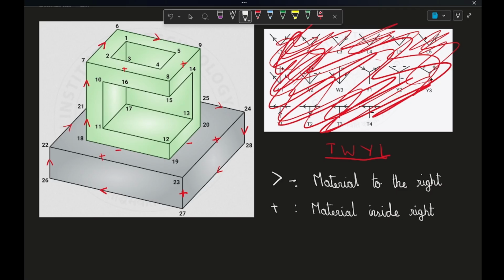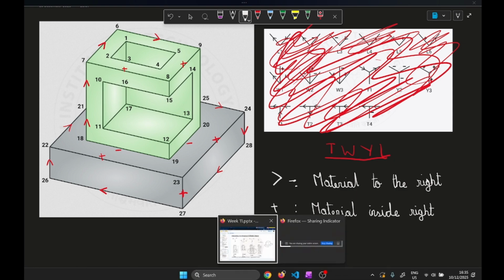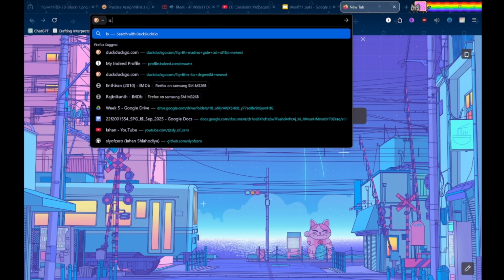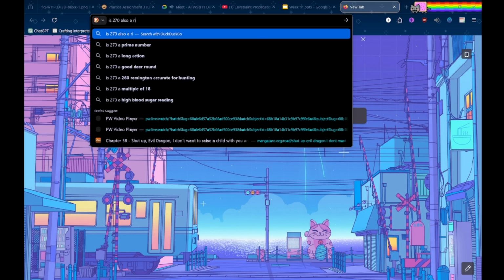270 is also a right angle, no? Is it? No. Okay, right angle is 90. Now I have to search that. Is 270 also a right angle?